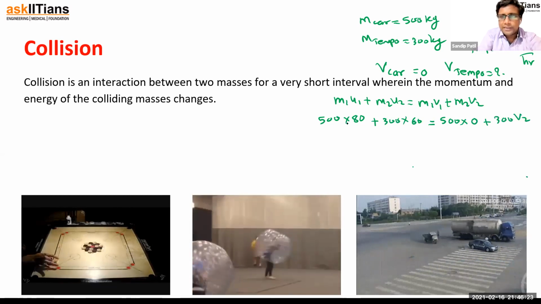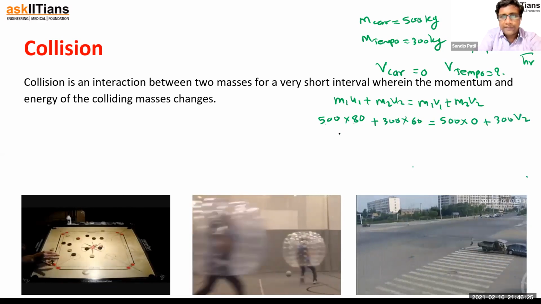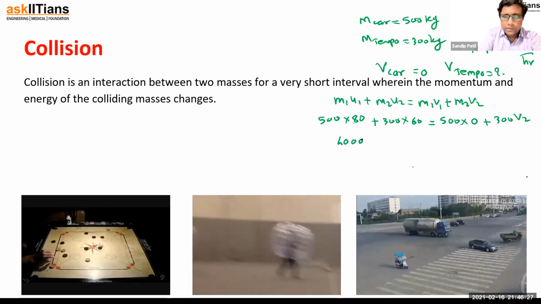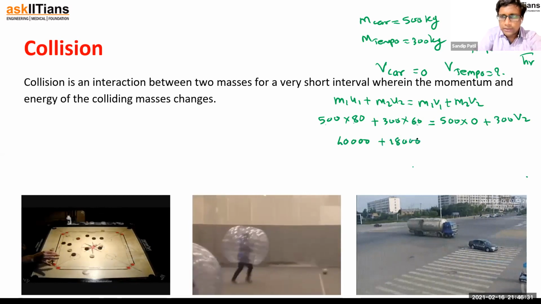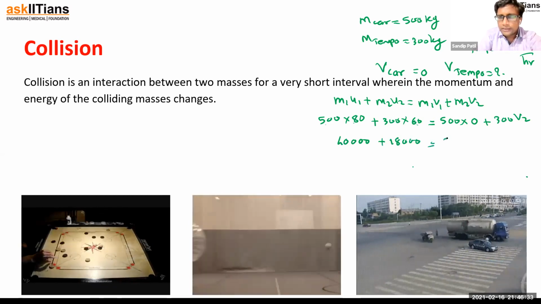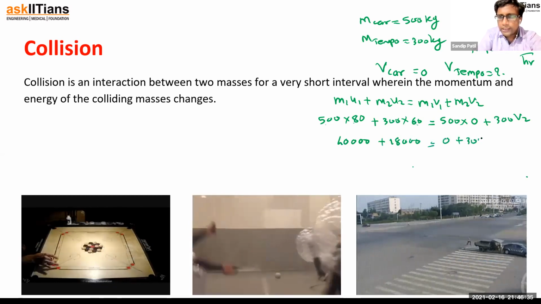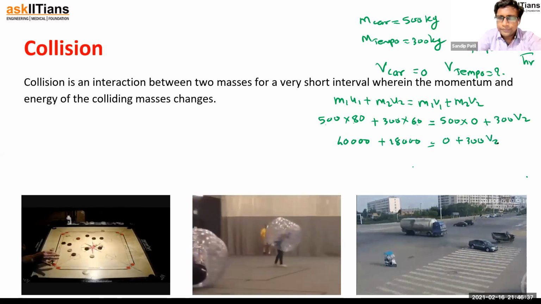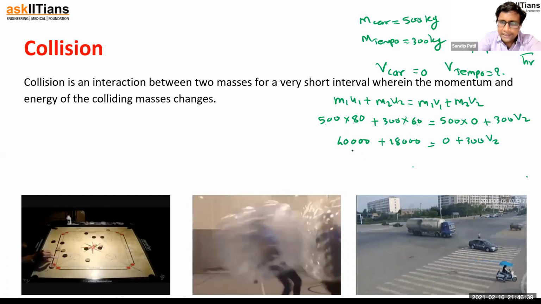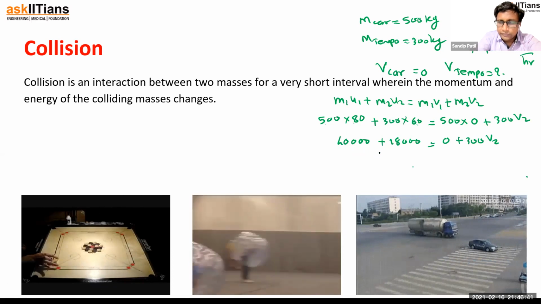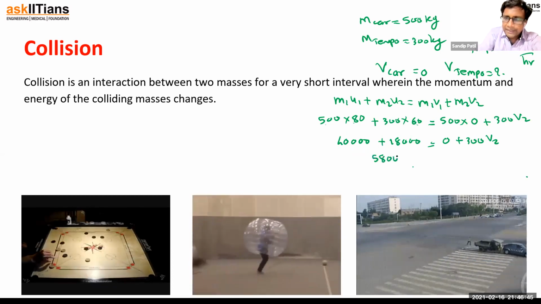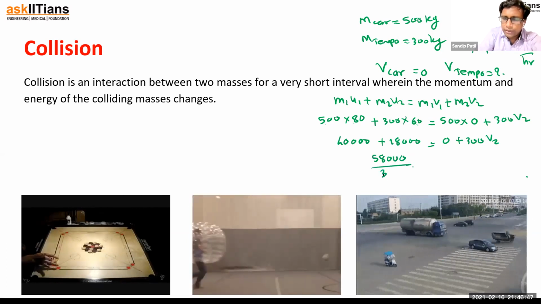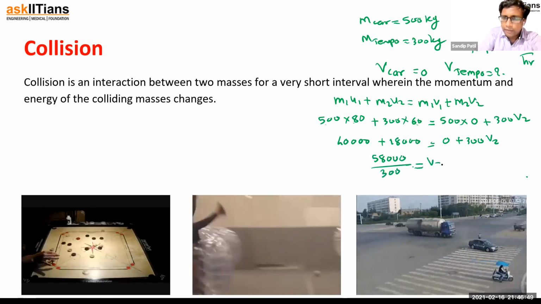Let's solve this one. This one becomes 8 5s are 40 and 3 zeros are there. Plus 6 3s are 18 plus 3 zeros are there. This becomes 0 plus 300 V2. So how much is that? Let's say it becomes 58,000, right? So 58,000, the 300 is going to go into the denominator, will be V2.